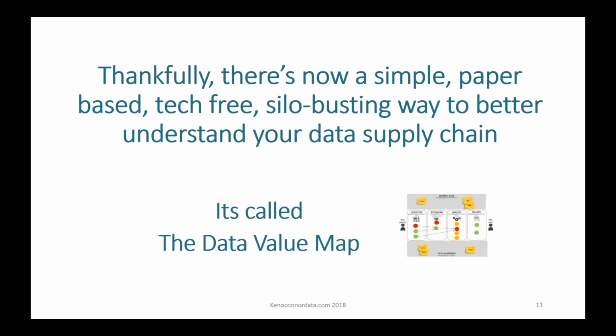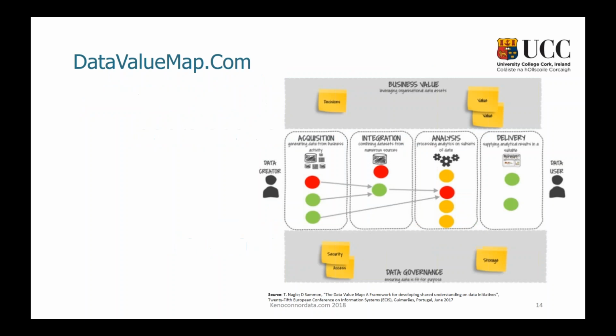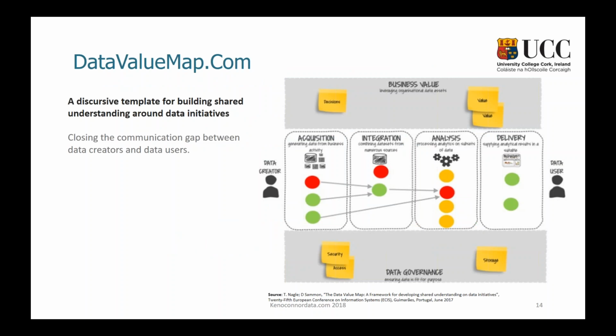Well, thankfully, and I wish I'd had it for the last 20 years, there's now a simple, paper-based, tech-free way. It's a silo buster to better understand your data supply chain. It's called the data value map. It's developed based on years of practical and academic research from the Cork University Business School.